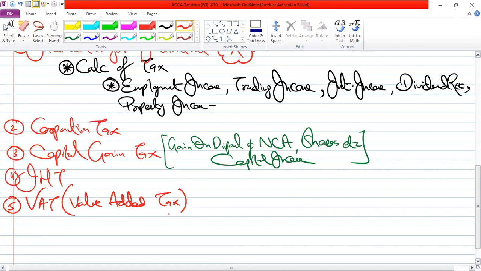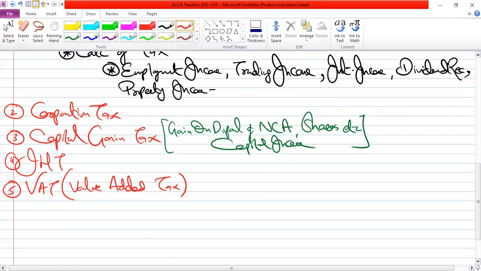In Asian countries it's called sales tax. In Middle Eastern countries, the UK or Europe, it's called value added tax. Everything we buy, we pay a certain amount of tax to the government. That is VAT. Got my point? How VAT is imposed, we are going to learn in this topic.